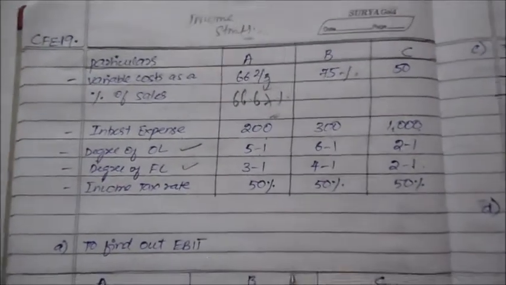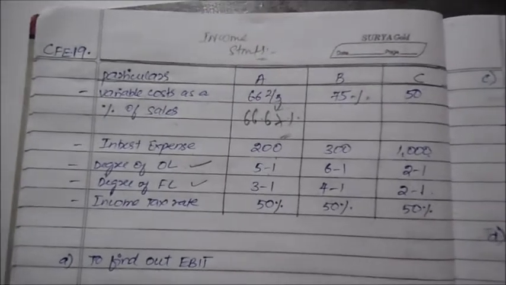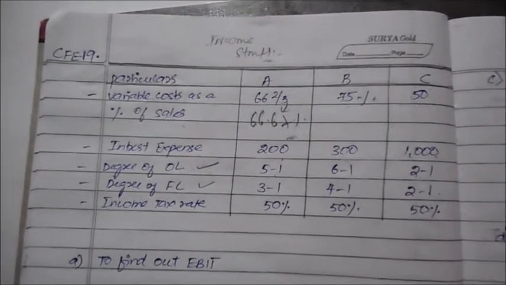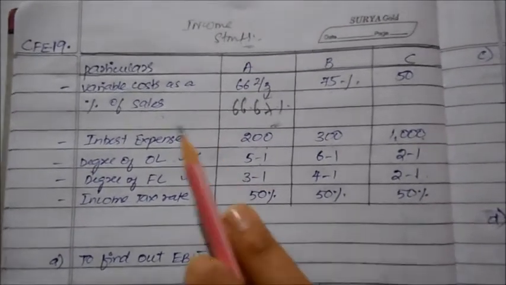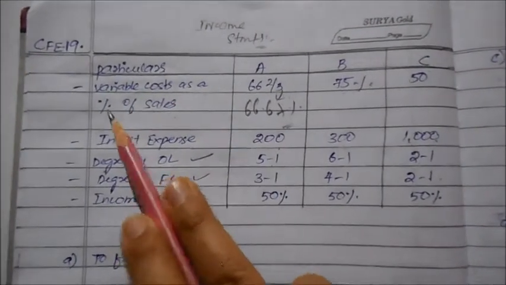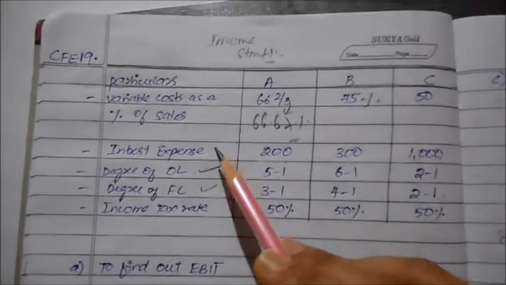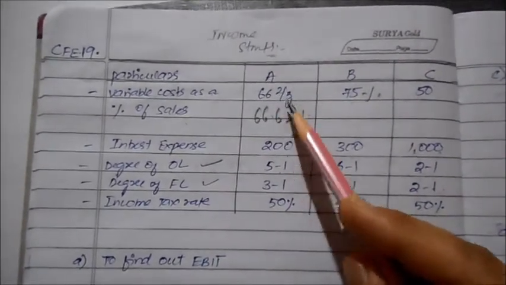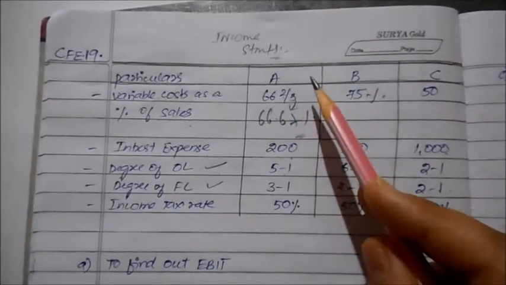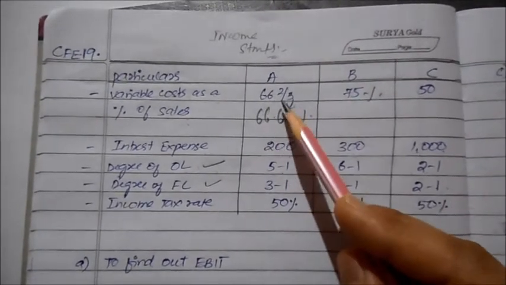So the next question is completely about missing figures, a completely new concept and a new variety of problem. Basically, this is variable cost as a percentage of sales. That means whatever the sales, variable cost will be 2 by 3 of sales. So if sales is 100, variable cost will be 66.67.